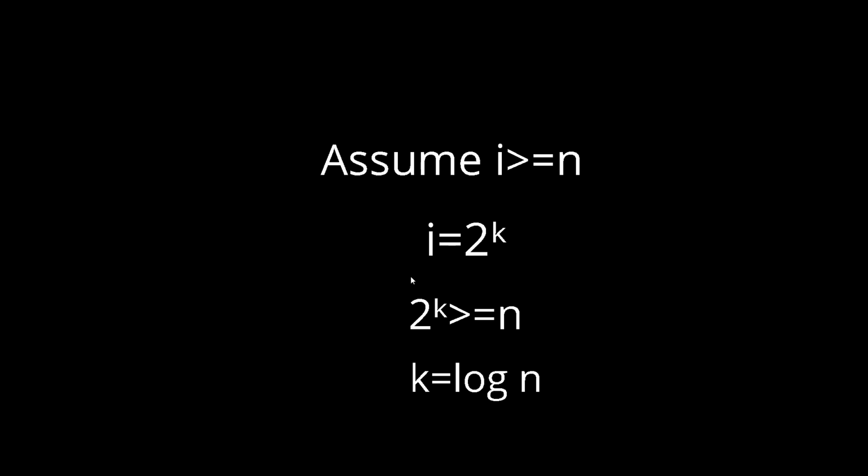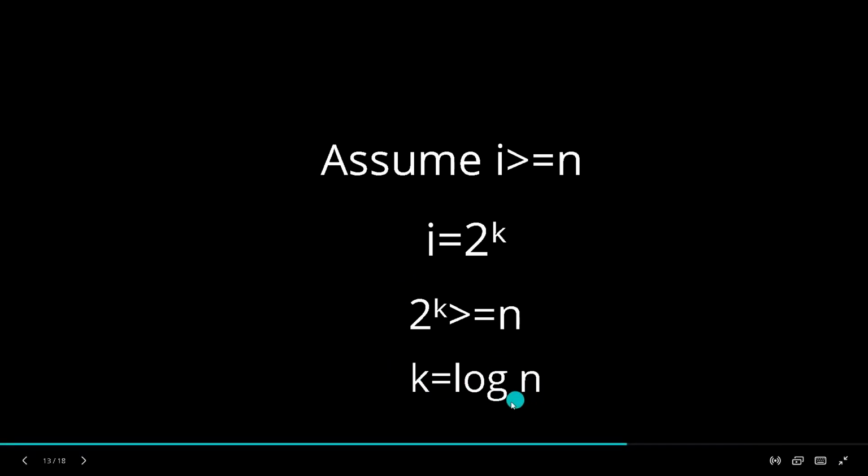We have that operation in mathematics, right? A to the power x equals b, then x equals log of b base a. So that is what is happening here. Here it should be base 2, but I didn't mention it here.